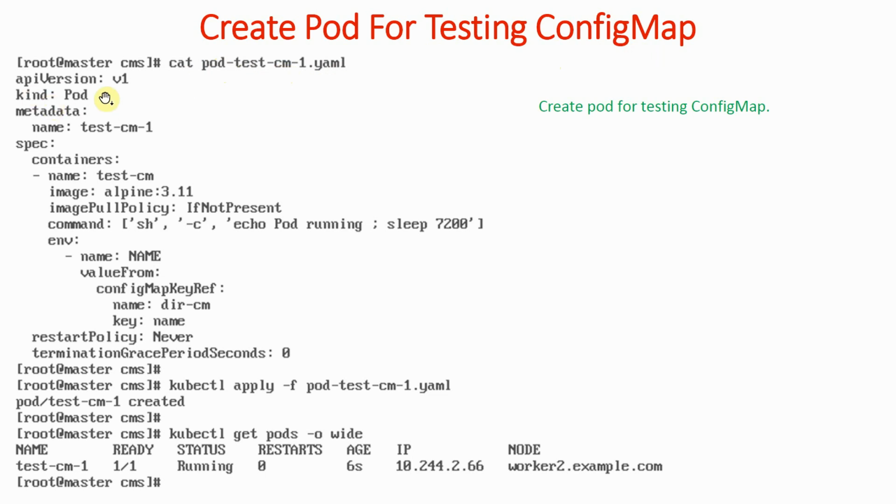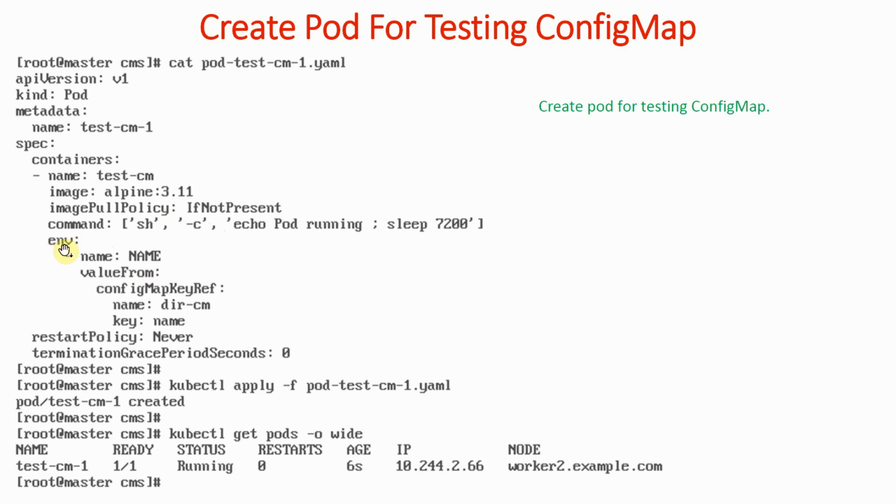So again API version is v1, kind of object is Pod, and this is the name test-cm1, container test-cm, image alpine. Again, image pull policy we have already discussed. The command we are going to run means this pod is going to run for almost 70 to 100 seconds.